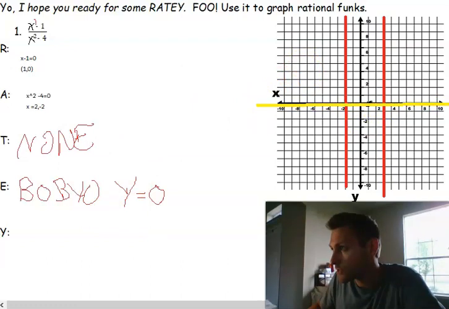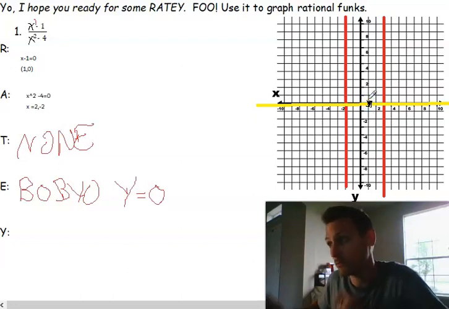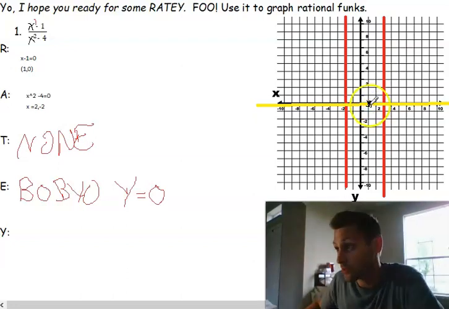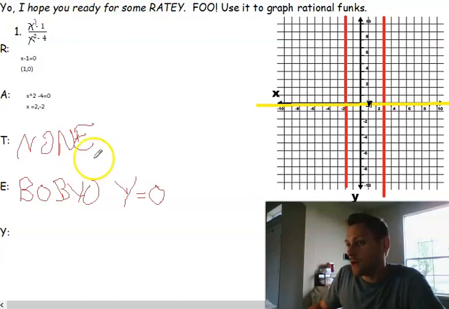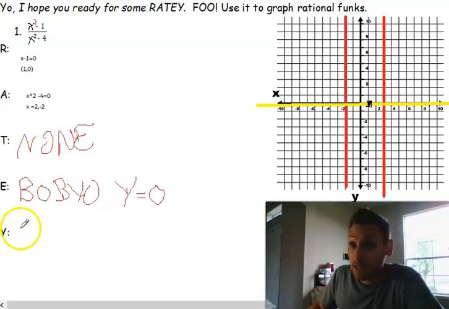And you can see in this specific example why I don't like to call it a horizontal asymptote, because there was a point right here on the end behavior. So it can cross your horizontal asymptote or end behavior, because that's where our root is at positive 1. So that one needs to be there. All right, so the final one is the y-intercept, and you let x equal 0.